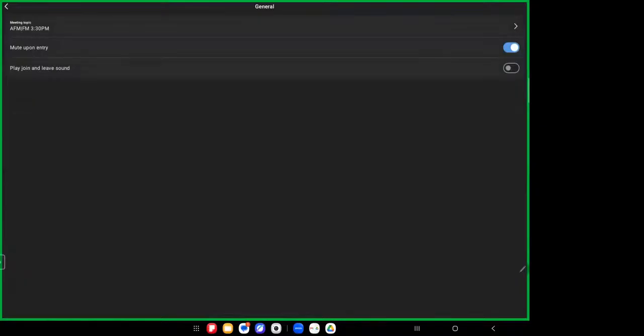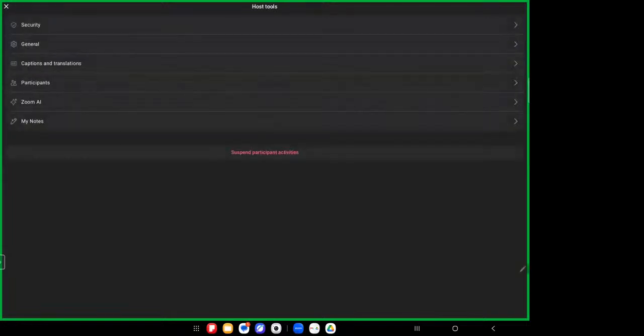Play, join, and leave sound note. Where do I get this? Where is the window? I go back. But I'm able to see. So I've gone back. Please guide me.